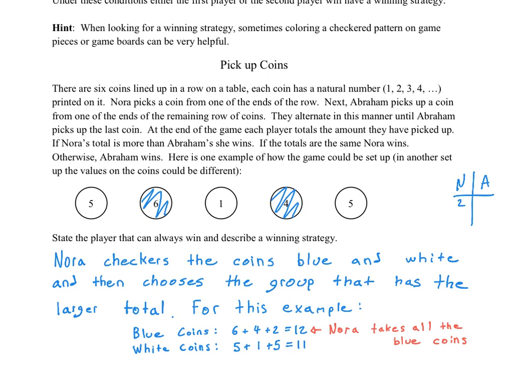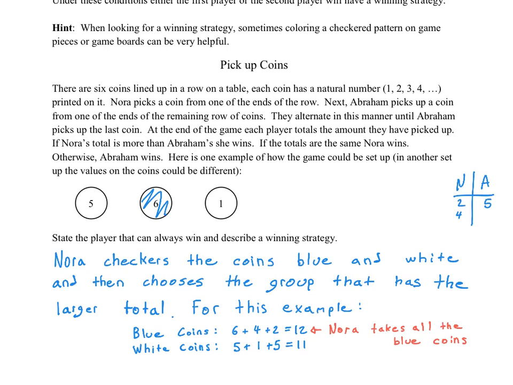and then Abraham would have to take a white coin. They're both 5. Maybe Abraham chooses the 5 on the right-hand side, not to reveal the 6 right away. Then again, Nora can choose between a white coin or a blue coin. Nora's already decided to take all the blues, so Nora will take the 4.